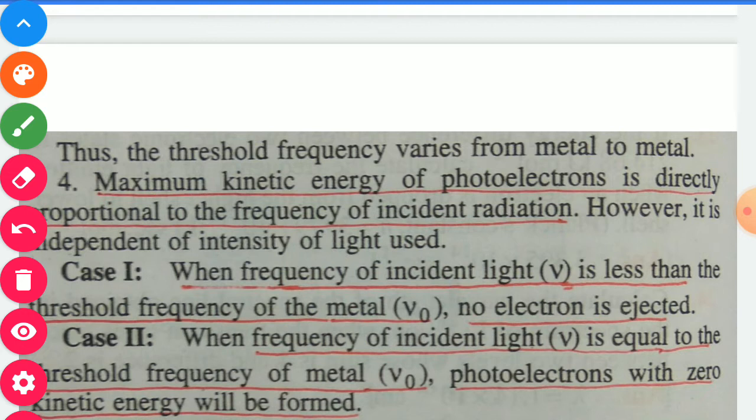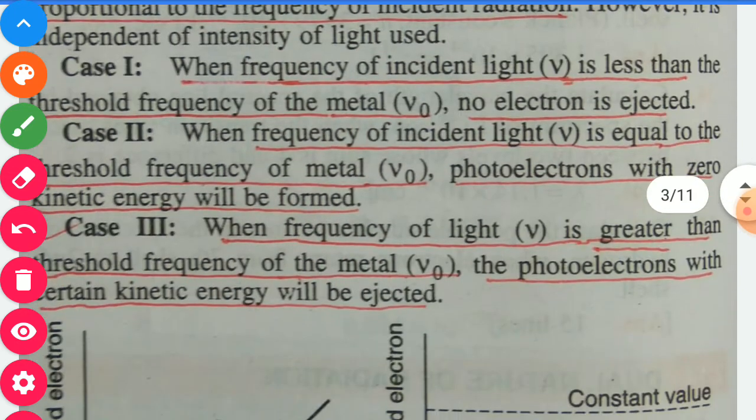In other words, if the frequency of the photon, meaning the light incident on the metal surface, is equal to the threshold frequency, at that time the electron is ejected from the metal surface, but it does not possess kinetic energy. Meaning in this case kinetic energy is zero. So a photoelectron with zero kinetic energy will be formed.